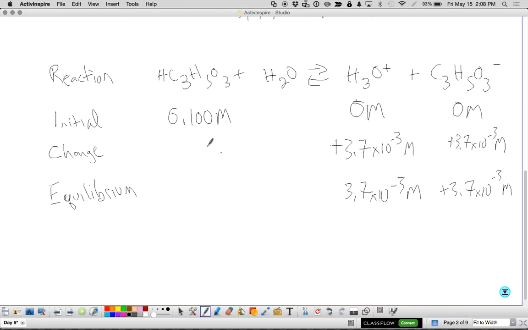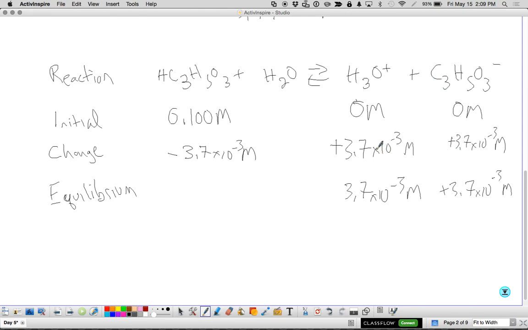Now, what about this reactant though? Well, it is 1-to-1 with the hydronium ion. So if the hydronium ion increases in concentration by 3.7 times 10 to the minus 3 molar, that means that this would have to decrease by 3.7 times 10 to the minus 3 molar, right? Because this is getting used up to create these. Now some people get a little confused because I'm taking this much out of the reactant side and then I'm making this much of the products, right?